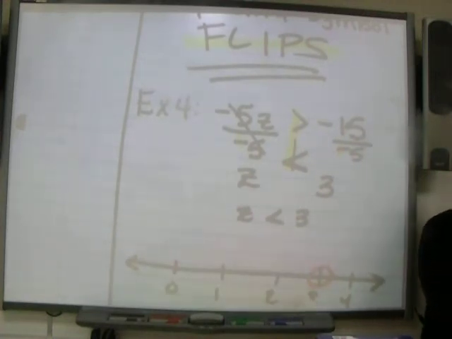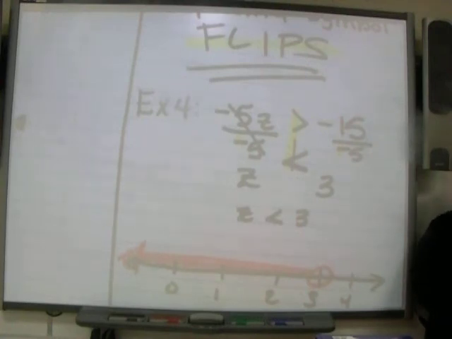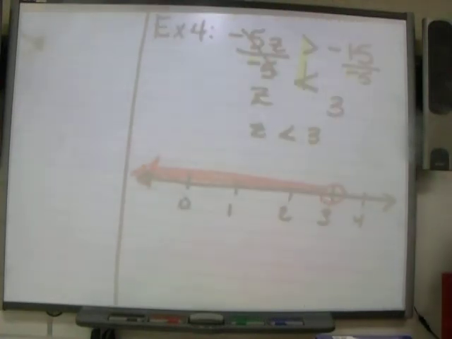So my circle is open. And it's any number smaller than 3, and they go in this direction. Any questions about the solution or graphing the solution set?